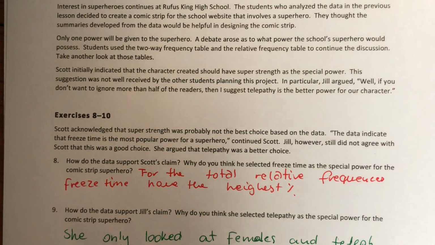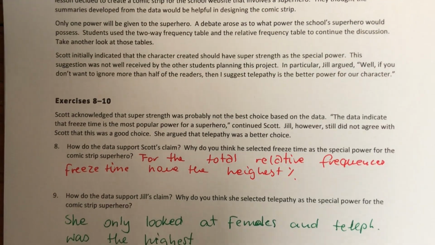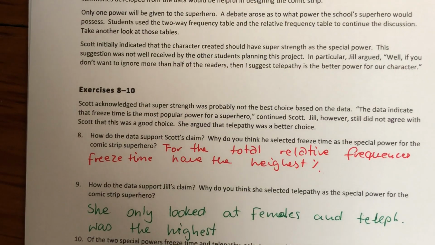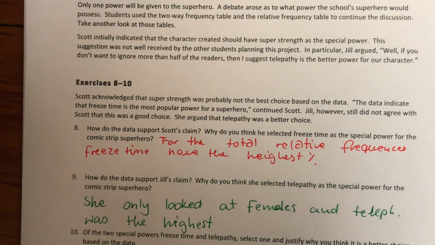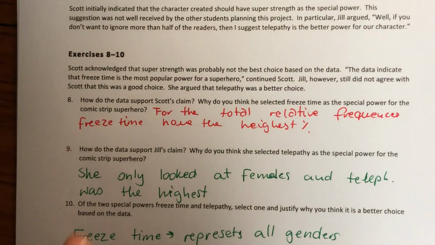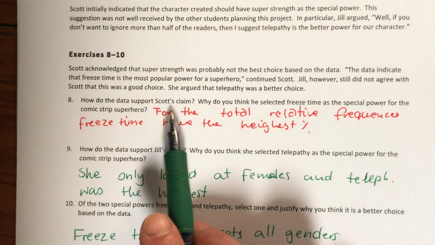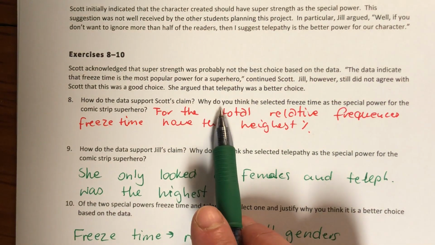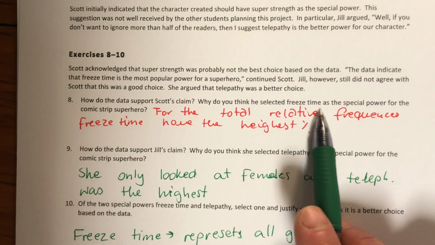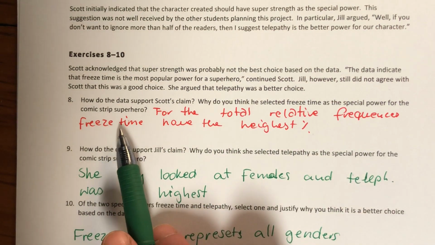And again, I already wrote the answers, so I won't give you much time to think about them while you can print the notes and not look at my video for a second. But how do the data support Scott's claim? Why do you think he selected freeze time as the special power for the comic strip?